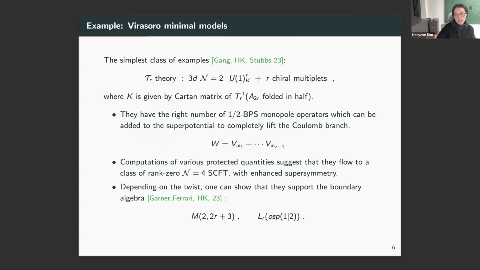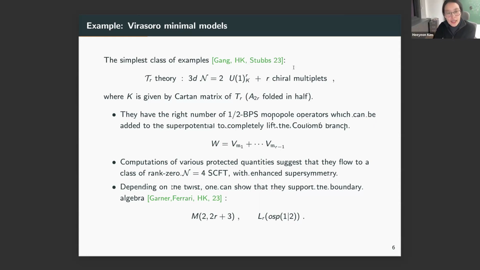The Tadpole diagram is, I think it's actually the inverse of the Tadpole diagram, it's a typo. The Tadpole diagram is nothing but something that you can obtain by folding the A_2R Cartan matrix in half. So it's basically the same as the Cartan matrix of A_R, but the very last entry in that matrix, which is 2, is replaced by 1.